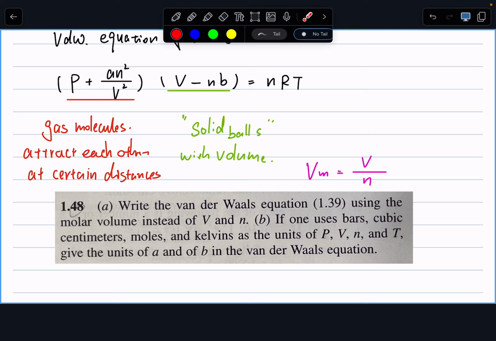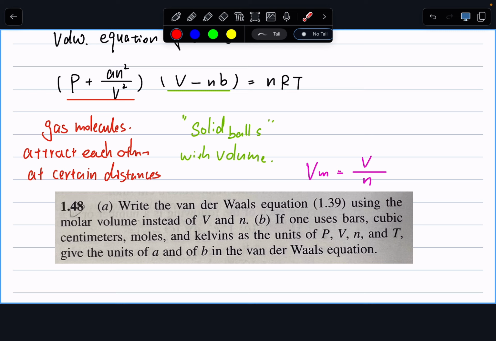Again, we'll do this together on the board. For the first part, we're just using molar volume equals volume divided by n. So we're replacing volume and number of moles in the van der Waals equation with the molar volume.